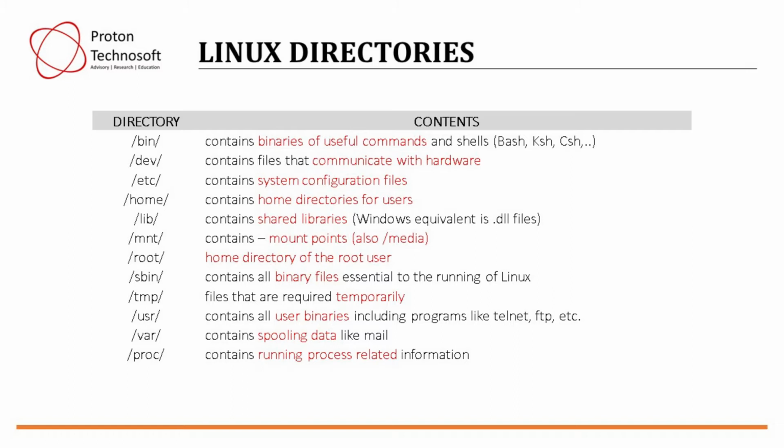Now, this is something which is unique to Unix and unlike Windows. Like I said, everything in Linux or Unix is a file. So even the memory content that we have is also stored in a file format itself.